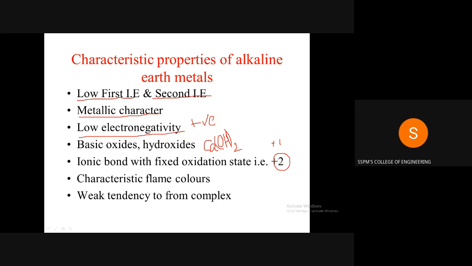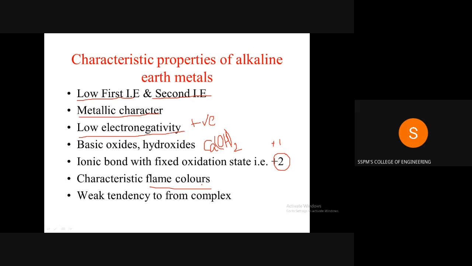Like alkali metals, alkaline earth metals also give a characteristic flame test color and have a weak tendency to form complexes. So all characters are similar to alkali metals. When you talk about oxides and hydroxides of group 2, an example is calcium hydroxide.